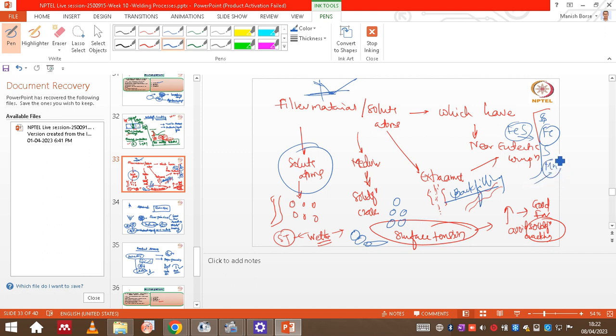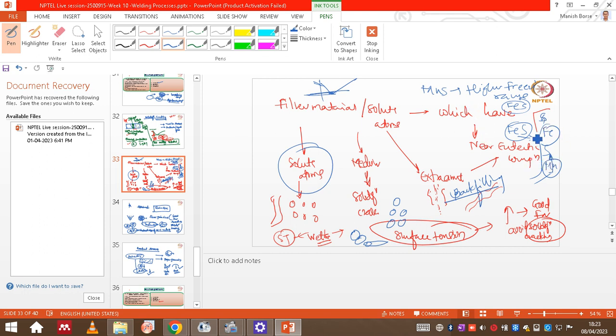So instead of forming iron sulfide, manganese sulfide will form, and this manganese sulfide has a higher freezing range compared to iron sulfide, right? If it has a higher freezing temperature, it won't be in the liquid state at a lower temperature, right?